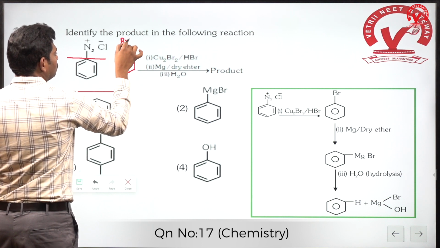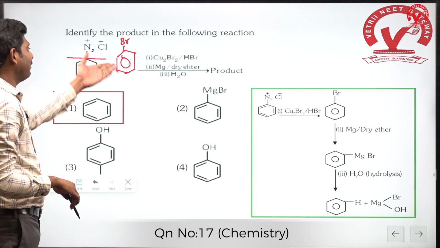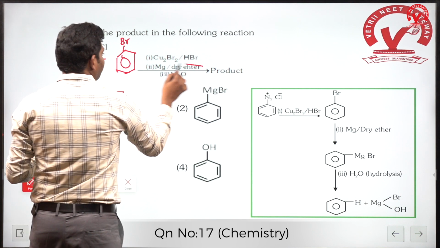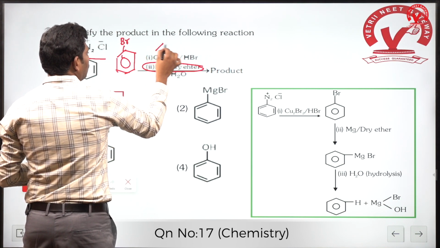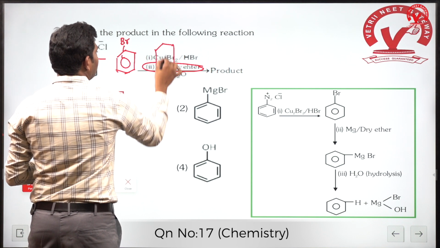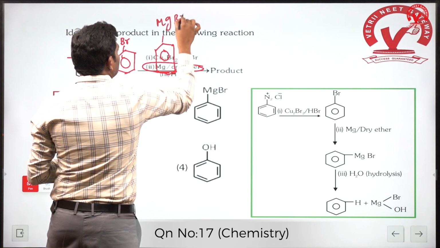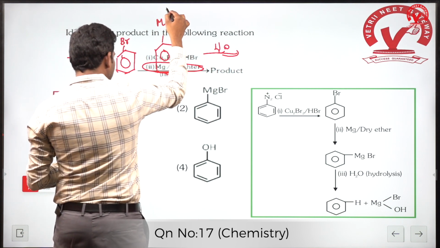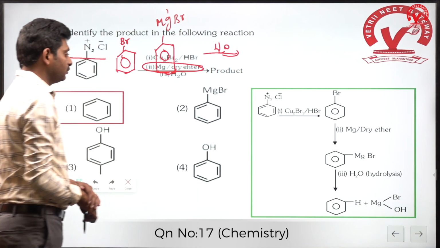It is Sandmeyer reaction, an aryl halide preparation method. So after forming the aryl halide, in the presence of magnesium and dry ether it will form like this, MgBr will form. Each on hydrolysis, like this you can.